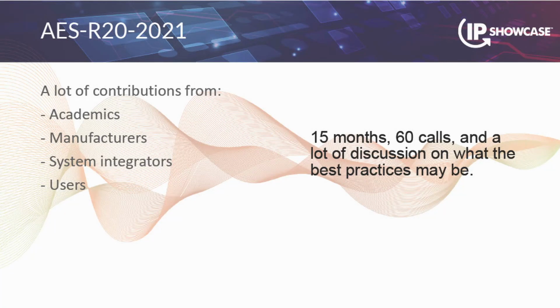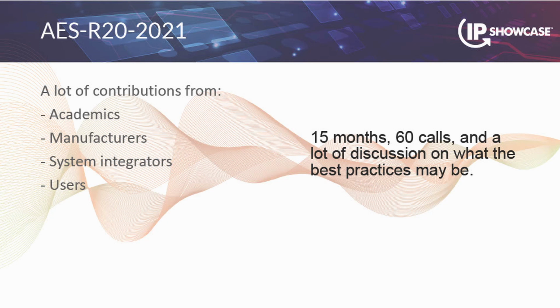So the words "beyond the LAN" are chosen because we don't want to exclude anything that is not a LAN. Mainly the cloud is not a LAN, as it is not local to you. And the WAN can have multiple different faces, be it the internet or just a long distance connection that you use, black fiber, etc. In this group, we had a lot of contributions, and this was very interesting because we had academics, manufacturers, but also system integrators and users.